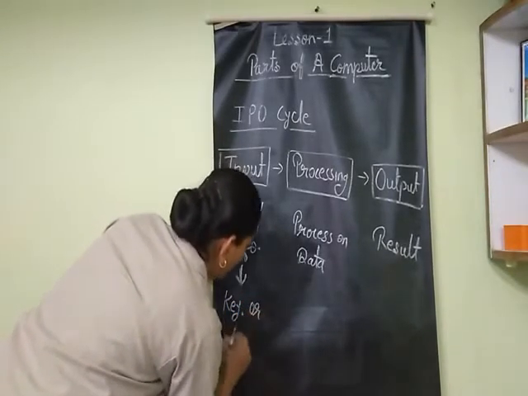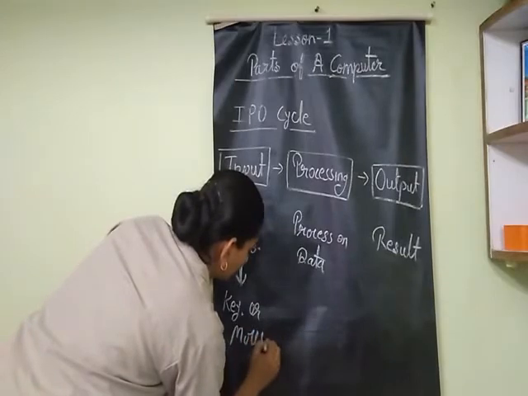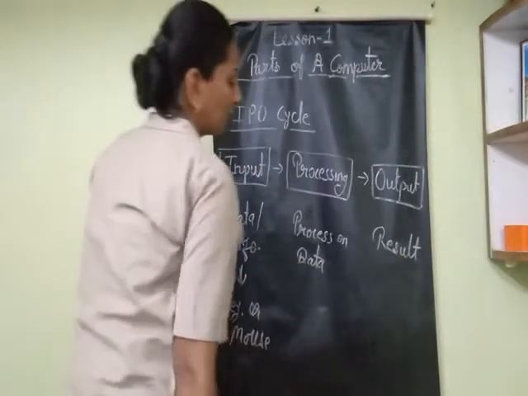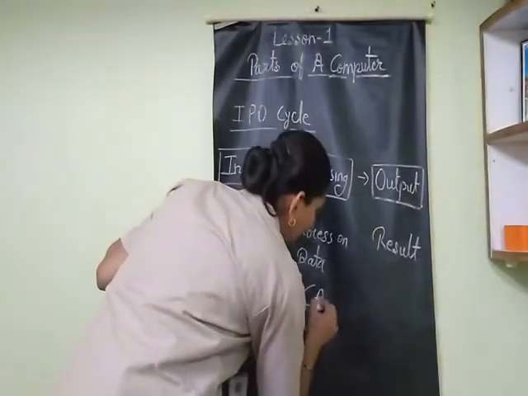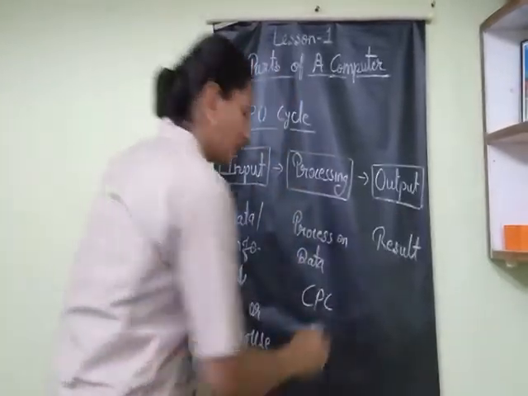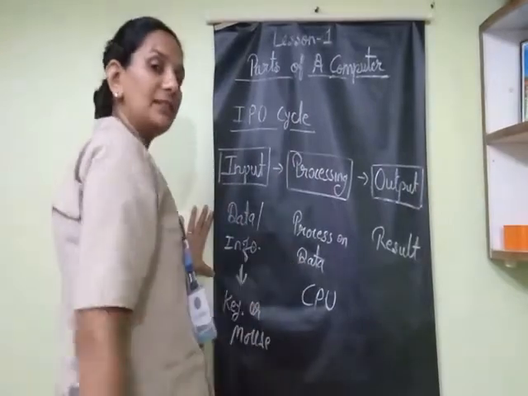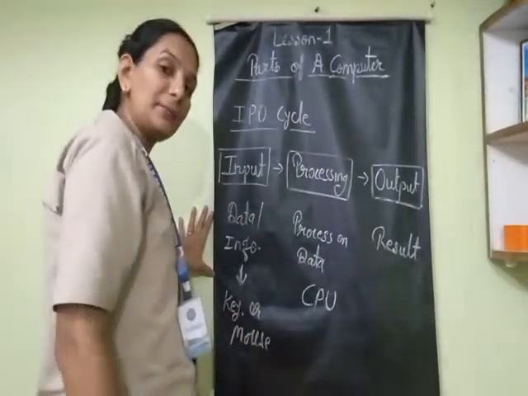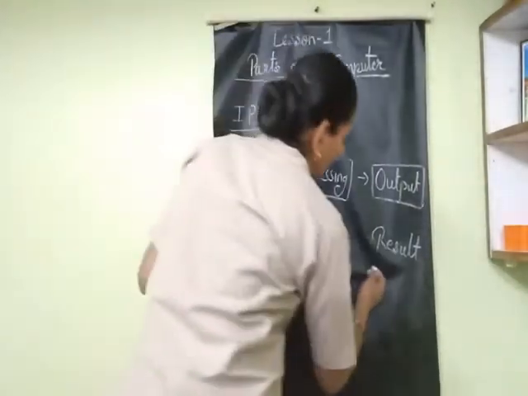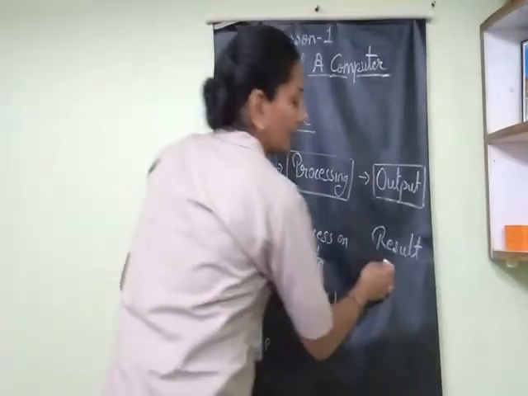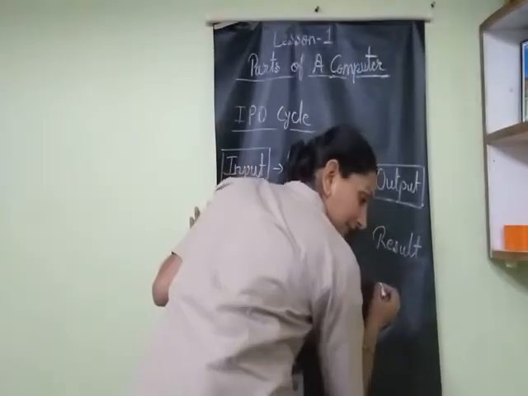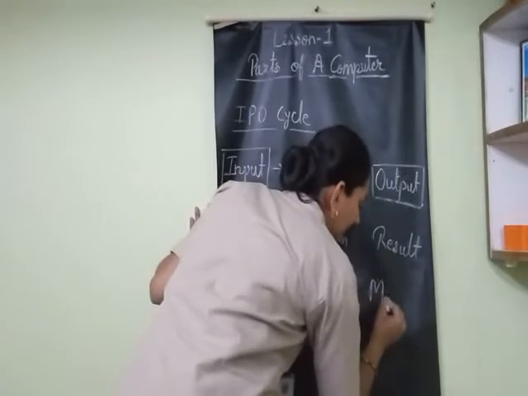Keyboard or mouse. And process on data, that means the CPU processes the data. Okay, the CPU processes the entered data that you enter by the keyboard. And next, after processing, the result is generated and displayed on the monitor screen.